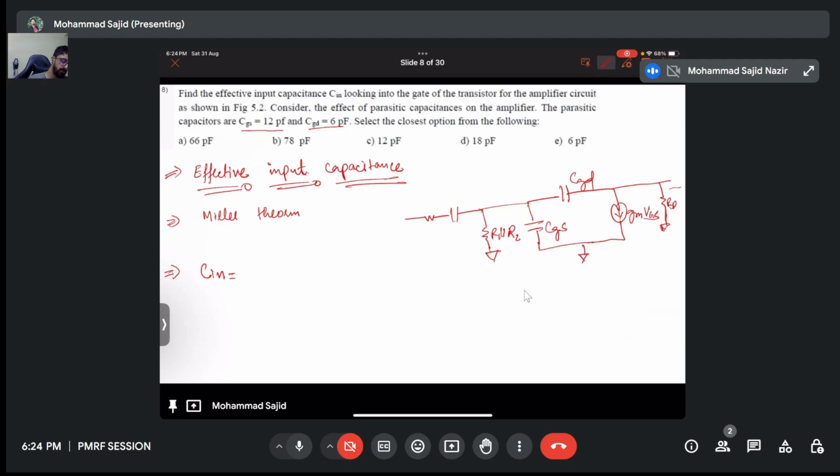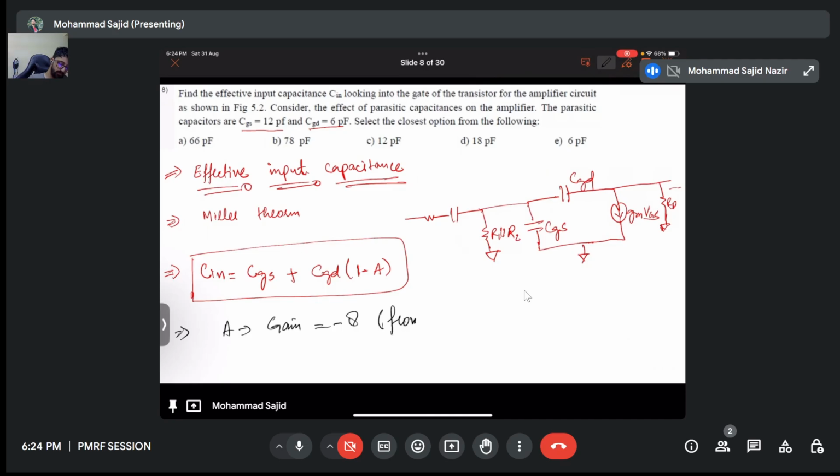Effective input capacitance will be CGS plus CGD times (1 minus A), where A is the gain of the transistor, which we calculated as minus 8, from the previous question.